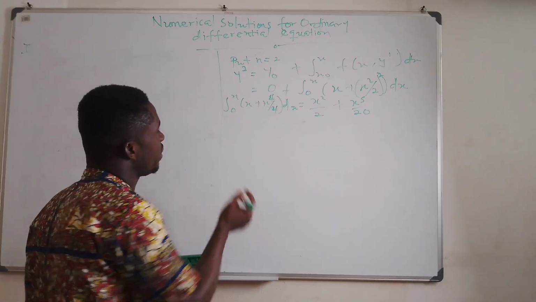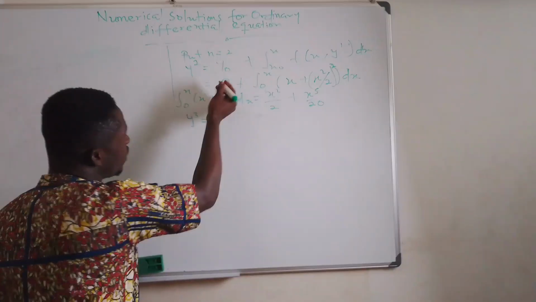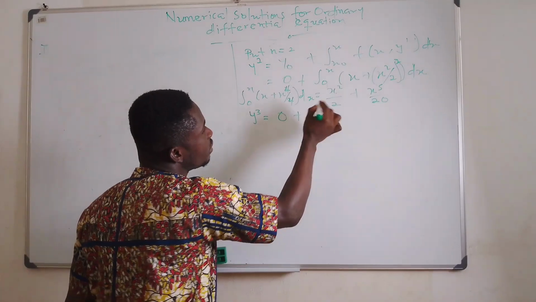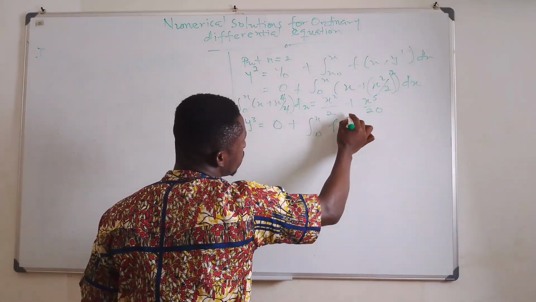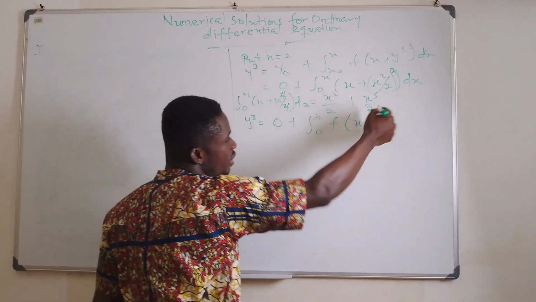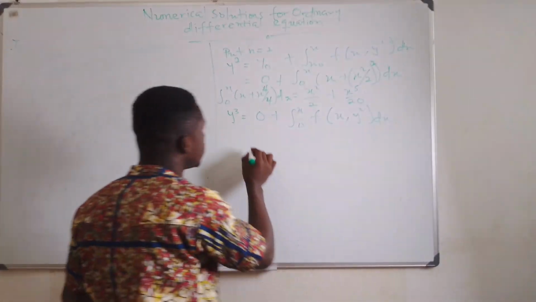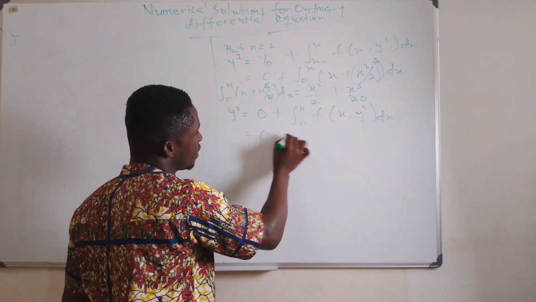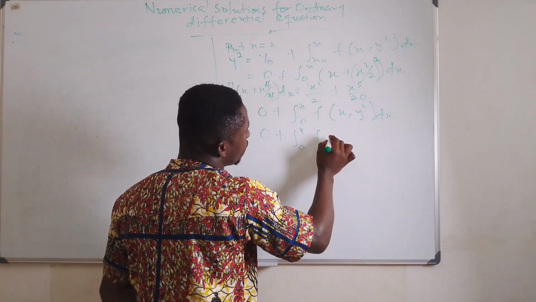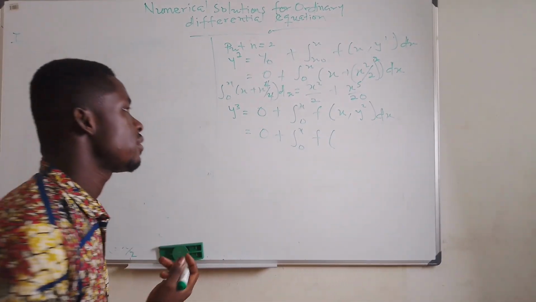Let's proceed to y3. We know our y naught to be 0 plus the integral from 0 to x of f of x comma y of 3 minus 1, which is y2 of x. So now y3 is 0 plus the integral from 0 to x of f, and you write your function, and the function was x plus y squared.